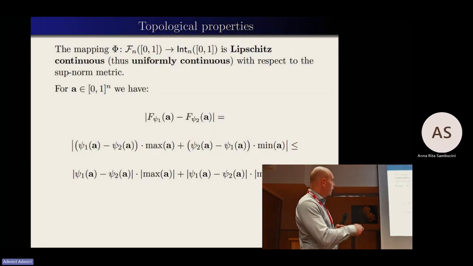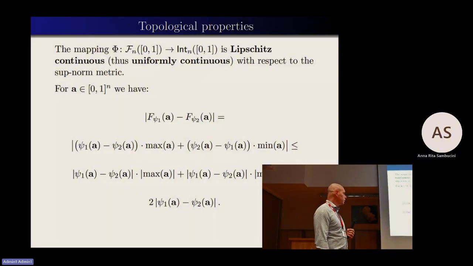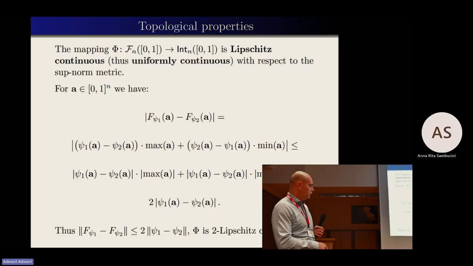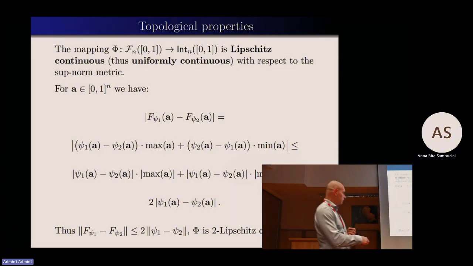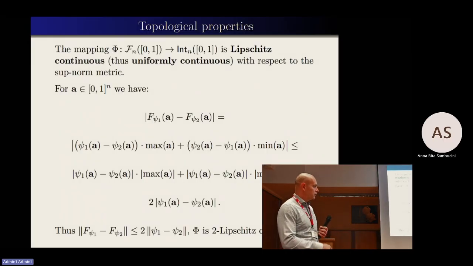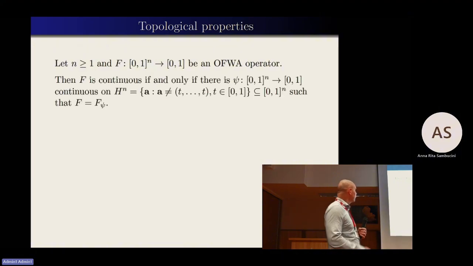And as you know, we are on the interval [0,1], so this maximum is smaller than 1. Also, this minimum is smaller than 1, so we can obtain this estimation. So finally, the difference of these values is smaller than 2 times the norm of the difference of these two functions. So this means that this mapping is 2-Lipschitz continuous. So this is the first property.